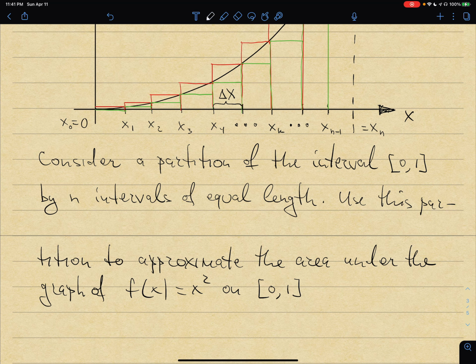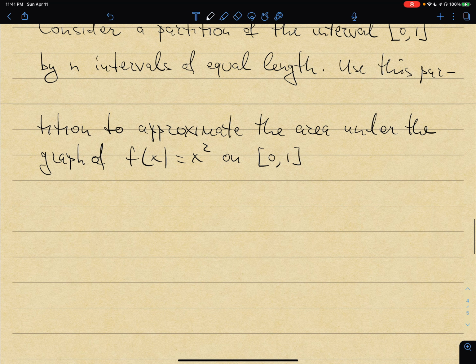And if you recall the definition of a definite integral from calculus, the integral was the difference between the area above the x-axis and the area below the x-axis and your graph.